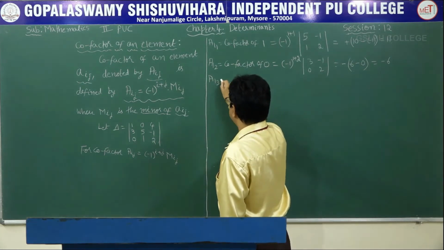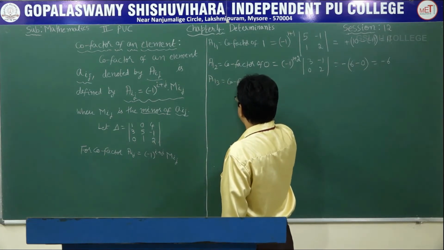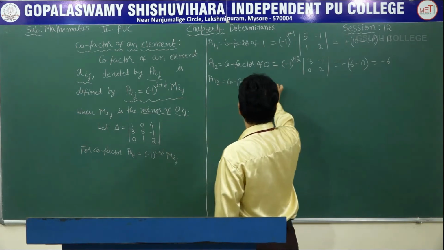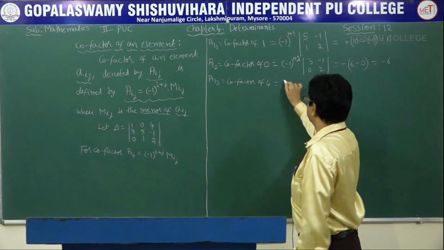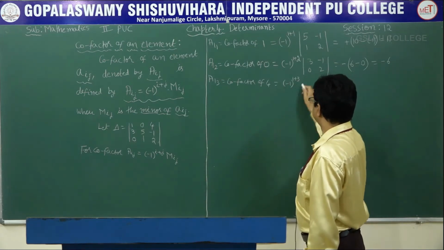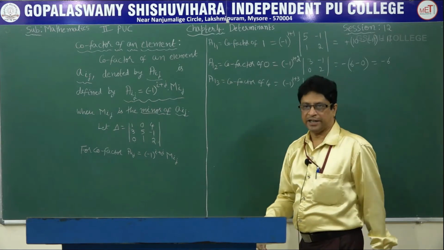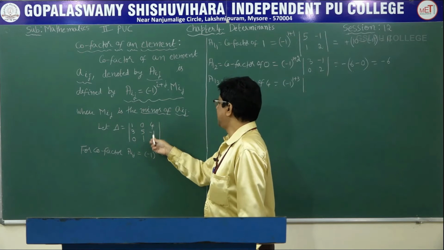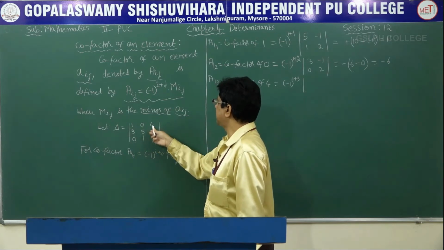Next, A13 will be the cofactor of 4, which is equal to (-1) to the power of 1 plus 3 into the determinant of the remaining elements. Here 4 lies in the first row and third column. We eliminate the first row and third column.